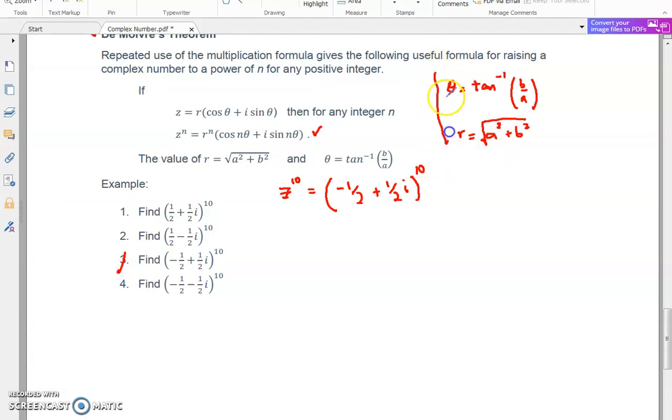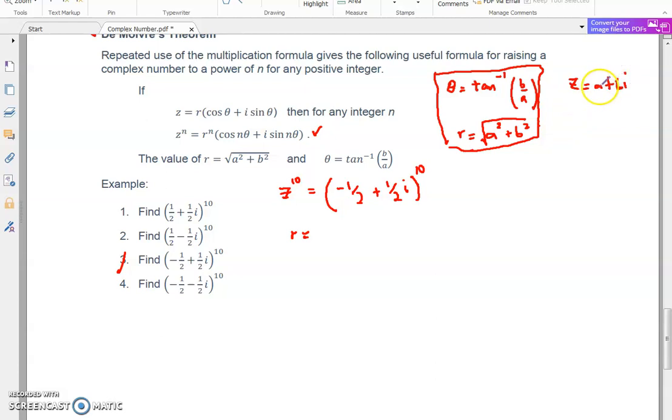This is the most common formula that you need to use in order to complete De Moivre's theorem. Let us start with finding the value of r, since r is not so much of an issue. The value of r is the square root of a squared plus b squared. The value of a equals negative 1 over 2, and the value of b is 1 over 2, because z is supposed to be a plus bi.